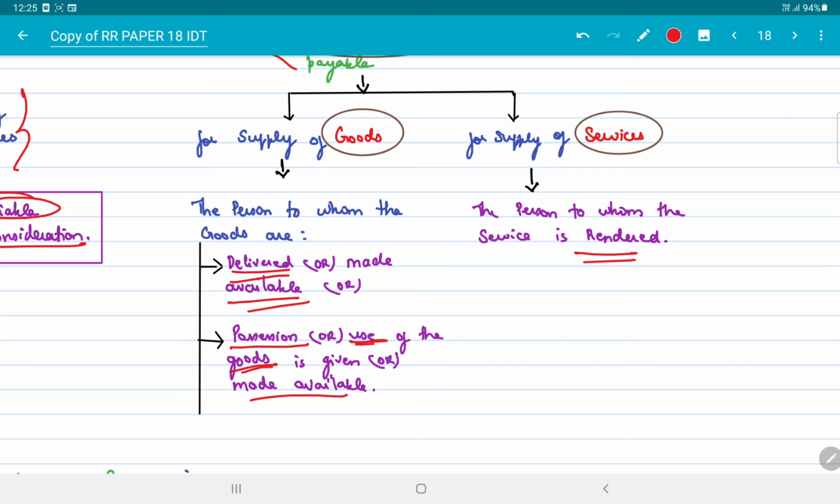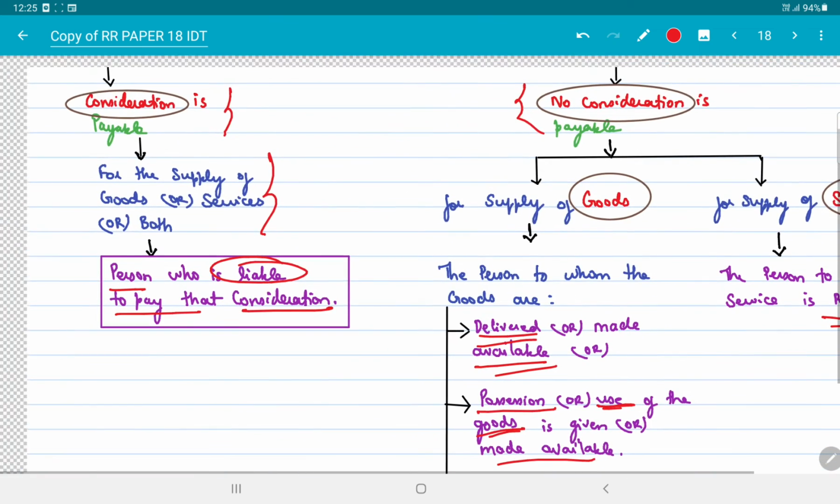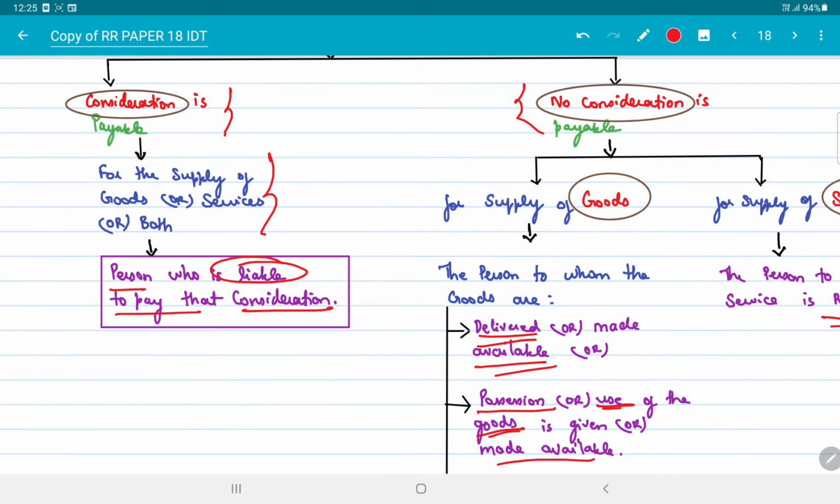Okay, so there are two scenarios. If a consideration is involved, then the person who is liable to pay such consideration is the recipient. If there is no consideration involved, if there is a supply of services, then the person to whom the services are rendered is a service recipient, and if goods are supplied, the one to whom the goods are delivered or the possession or use or right to use such goods are given or made available, such person is a recipient.